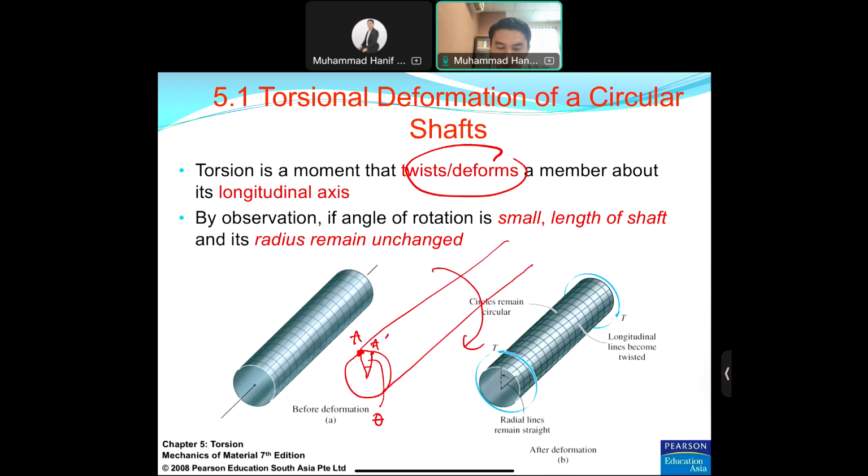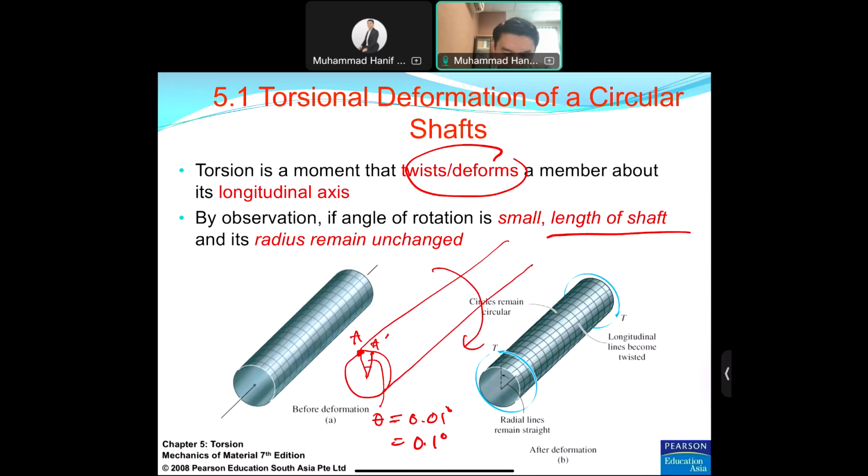So if the angle of rotation or angle of twist is small, for example 0.01 degree, very, very small, or even 0.1 degree, the length of the shaft and its radius remain unchanged.